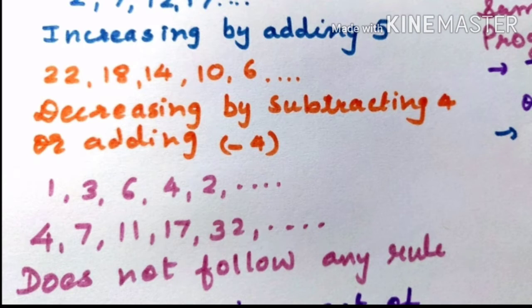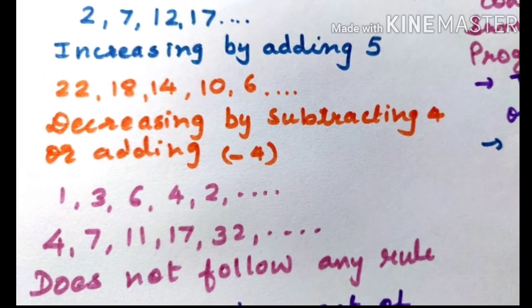So again there is no specific rule we can see in this sequence. These two sequences, 1, 3, 6, 4, 2 and 4, 7, 11, 17, 32, do not follow any rule. So when they are not following any rule, we cannot say they are formed by any pattern.